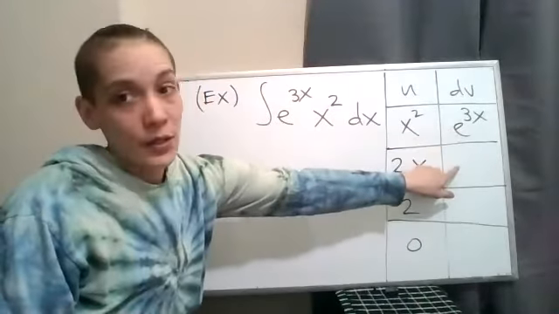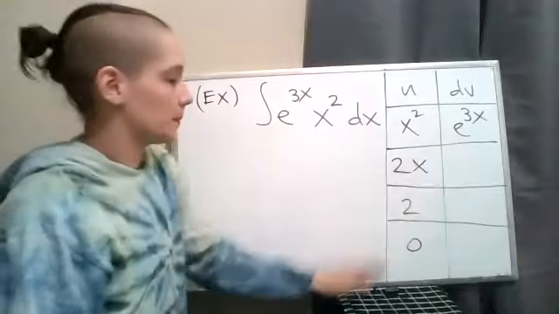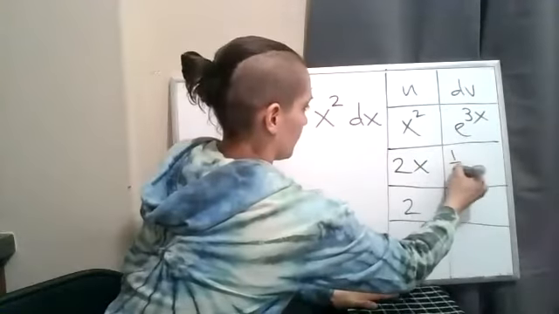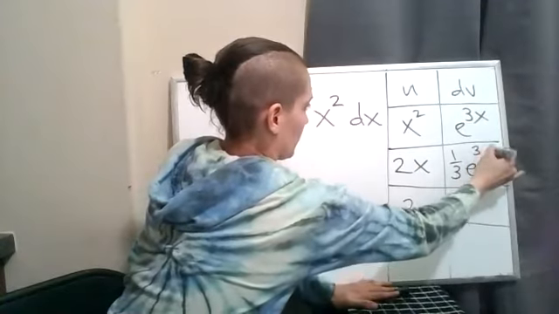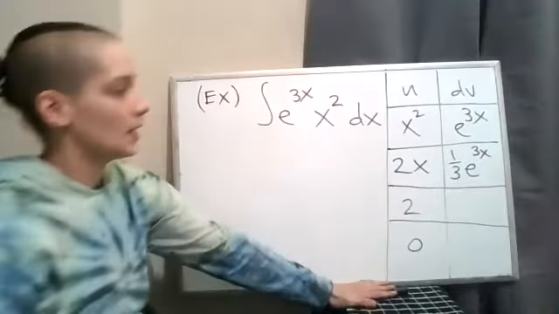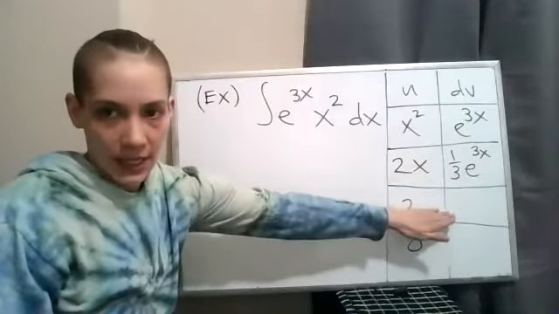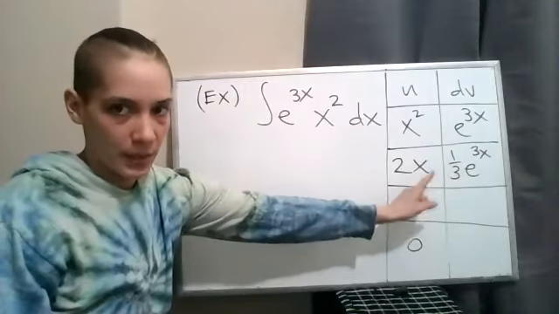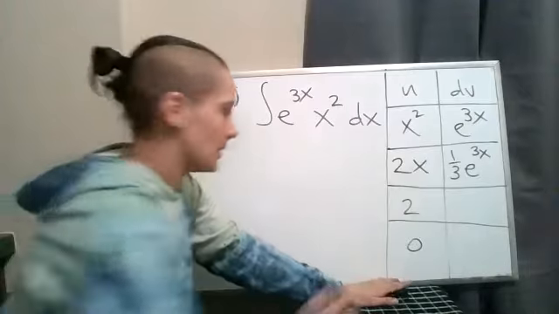This integral is 1/3 e to the 3x. Do this integral again and get another 1/3 multiplied out front. So 1/9 e to the 3x.